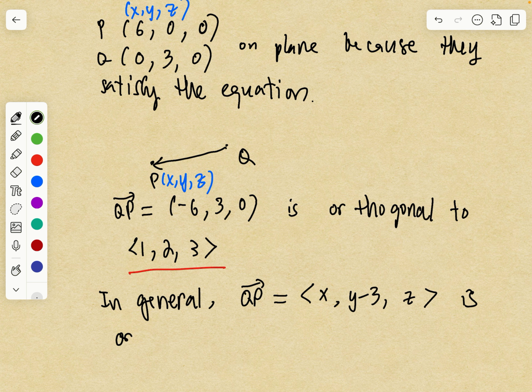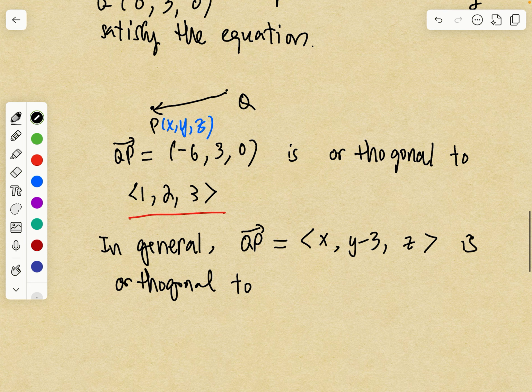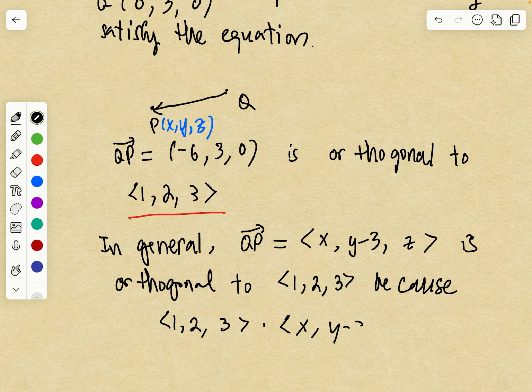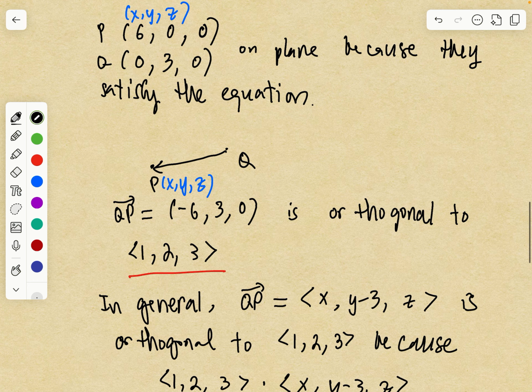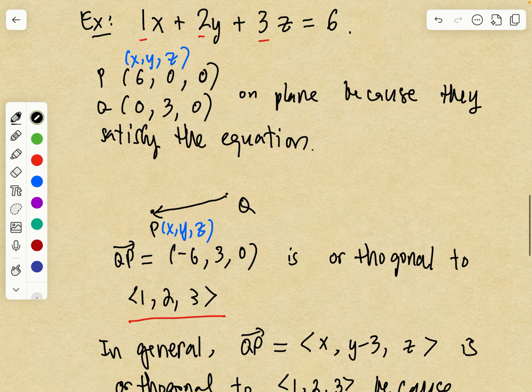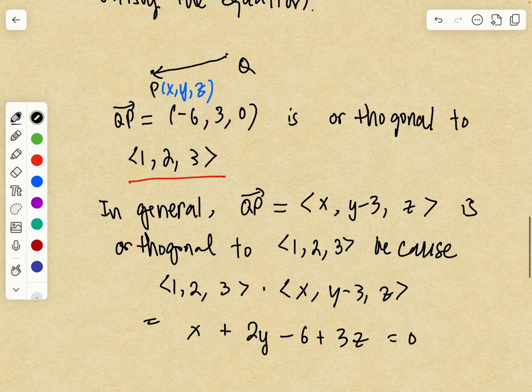This is orthogonal to the vector 1, 2, 3. Because 1, 2, 3 dotted with x, y minus 3, z is equal to x plus 2y minus 6 plus 3z. And we know that x plus 2y plus 3z equals 6, and so this is going to be 0.